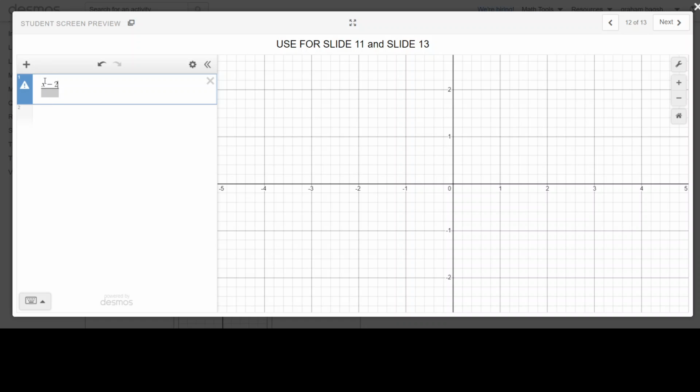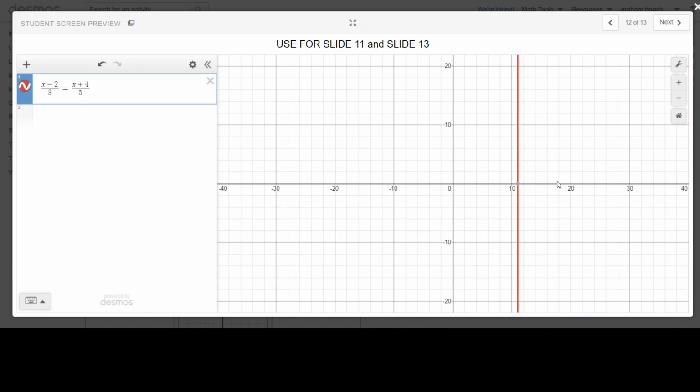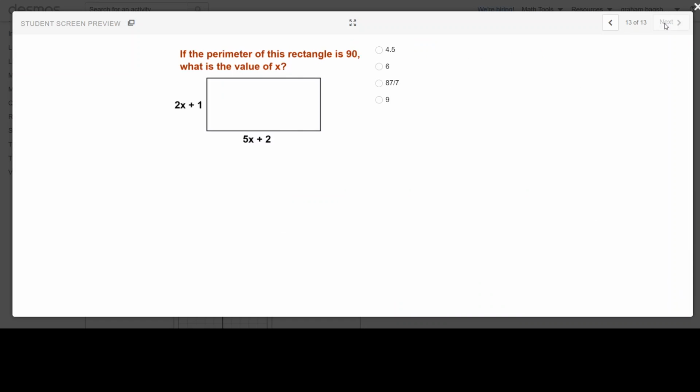So instead of b minus 2, I'm going to put x minus 2. And I'm going to put equals, and then I'm going to push the divide symbol again to get my second fraction. Instead of b plus 4, I'm going to put x plus 4. And on the bottom it said 5. And once again, I might just have to zoom out. You might initially think it's one of those special ones, but you can see that the answer is 11 here, and that works pretty nicely.